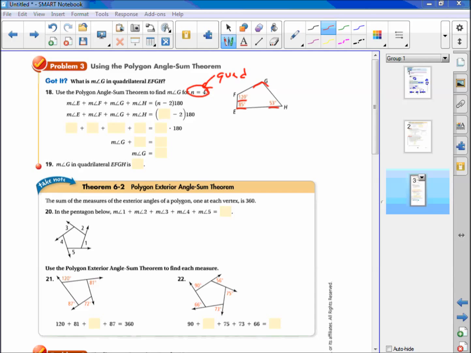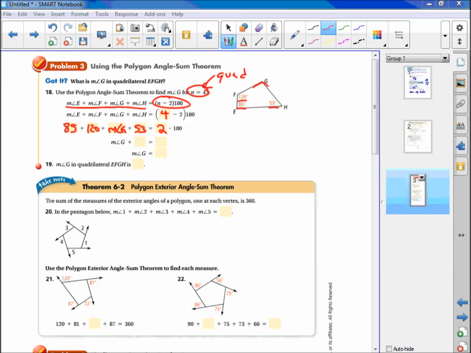So the measure of angle E plus the measure of angle F plus the measure of angle G plus the measure of angle H, the 4 interior angles, should equal the formula for the sum of the interior angles, n minus 2 times 180. In this case, we have 4 for the number of sides. On the left side of the next line, we replace E, F, and H with numbers: 85, 120, 53, but we don't know G yet, so we leave that one. 4 minus 2 on the right side makes 2 times 180.